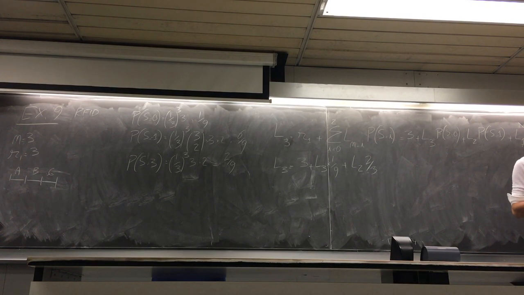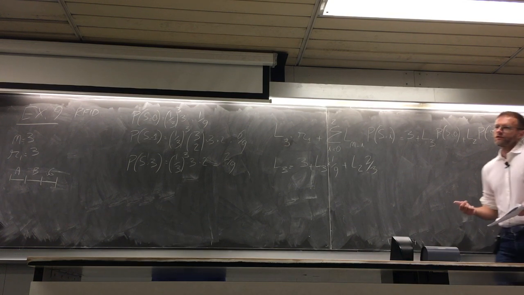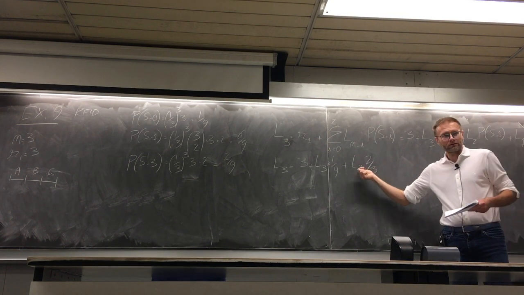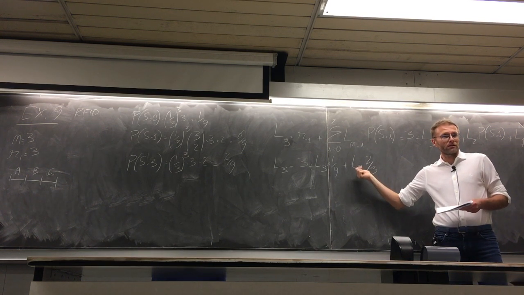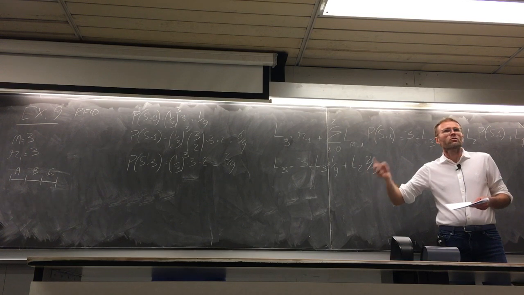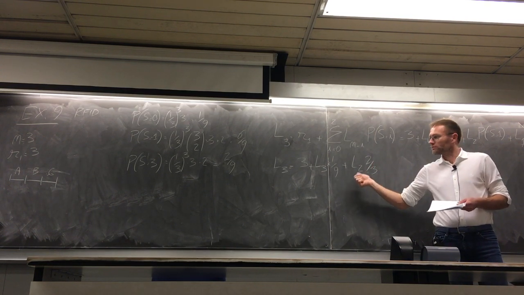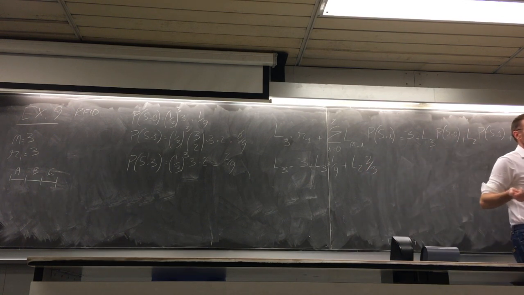The text says, after each frame, the frame size is set to the current backlog. So if after the first frame we end up having solved one tag, so we have 2 remaining, L of 2, then the next frame must be 2 slots long, equal to the current backlog.